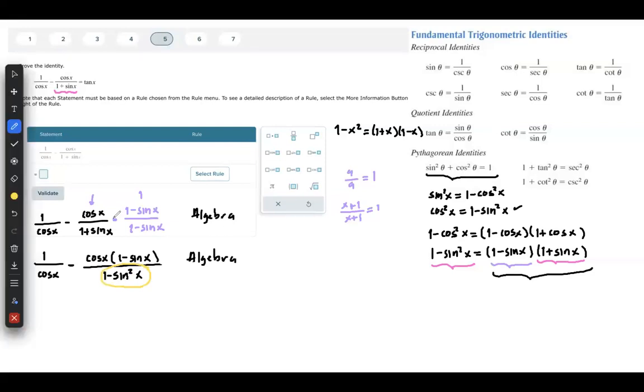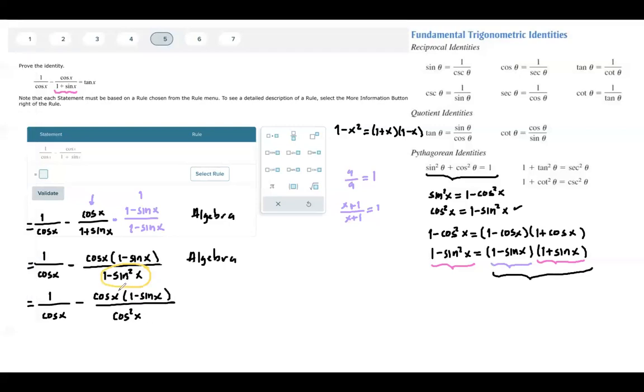If you notice, because that is an identity, now I can focus on turning that 1 minus sine squared of x into a cosine squared. So let me just keep the equal signs. So this will become 1 over cosine of x minus cosine of x times 1 minus sine of x divided by 1 minus sine squared of x, that is cosine squared of x.